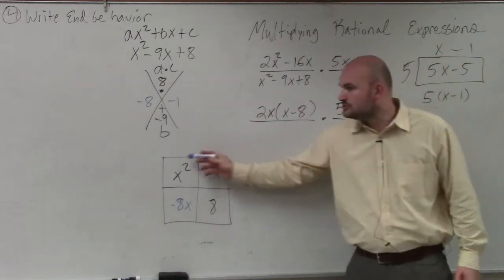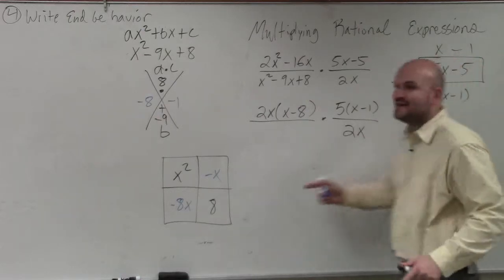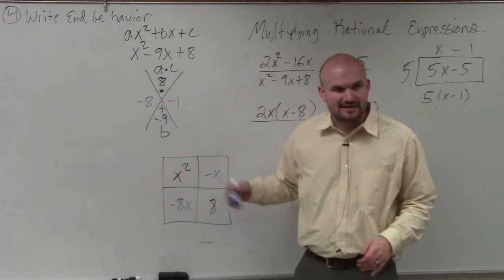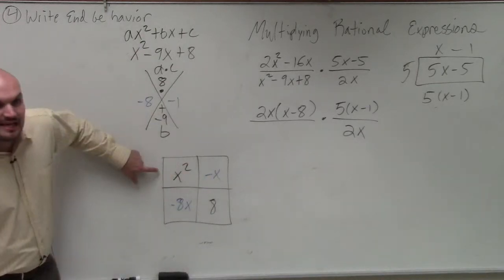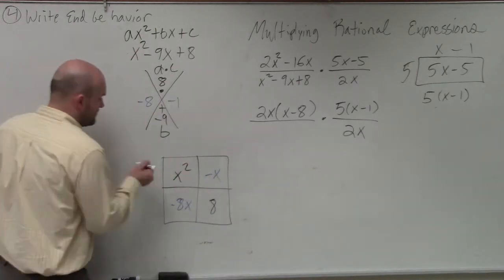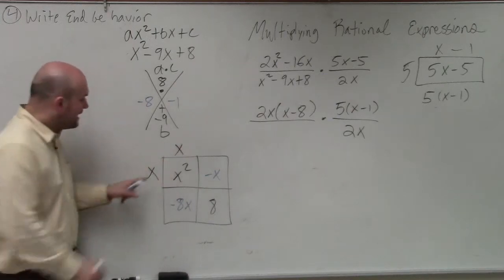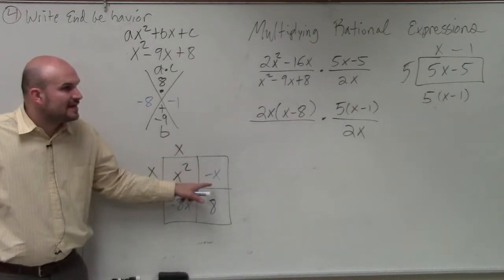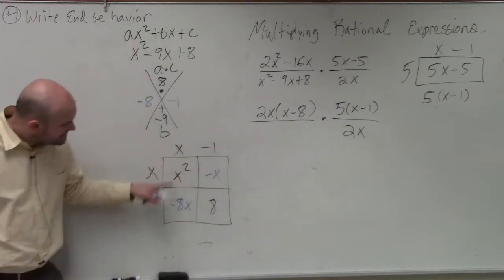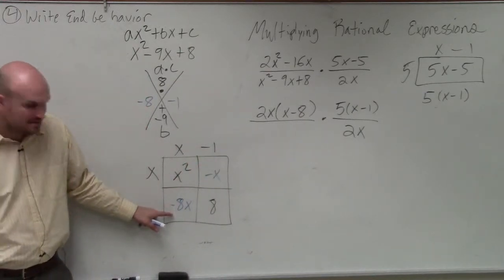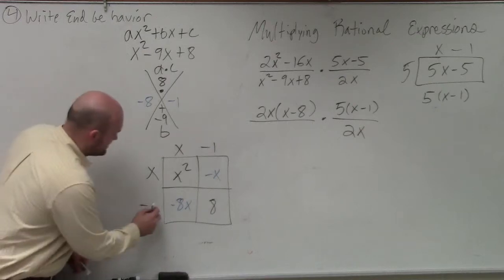So now, just like we did here, we have to find the length and the width of this box. We start with the upper left corner. What should the length be for x squared? x and x. Now, x times what gives you negative x? Negative 1. x times what gives you negative 8? Negative 8.